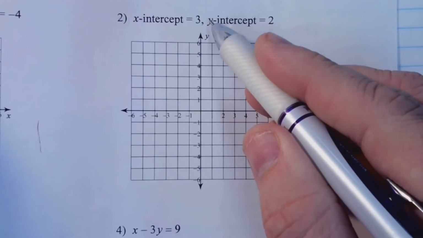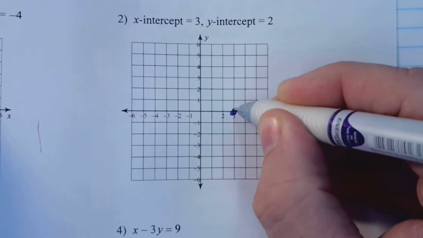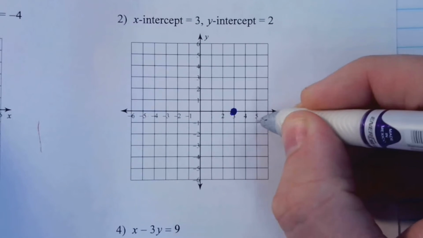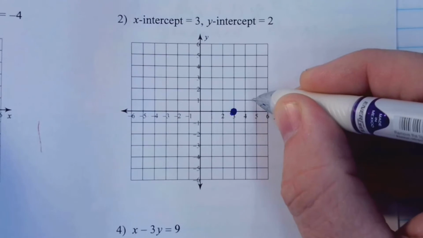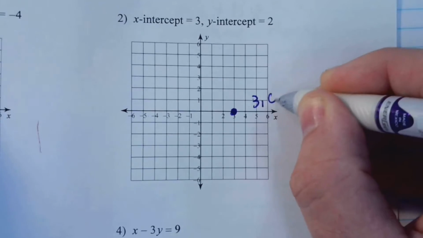The x-intercept is 3, and that point is going to be 3, 0.